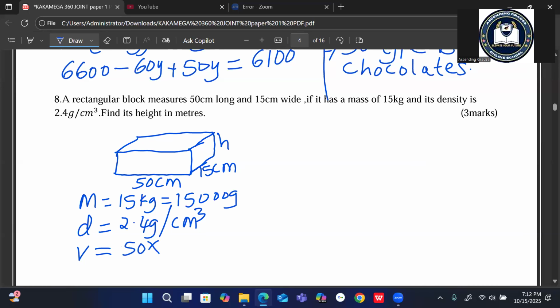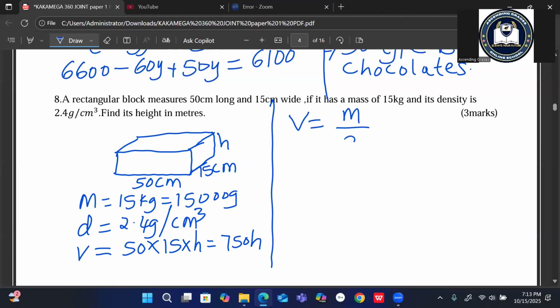So it will be 50 times 15 times h, which gives 750h. We know that volume is obtained by mass divided by density. So 750h is equal to 15,000 divided by 2.4, which is 6250.